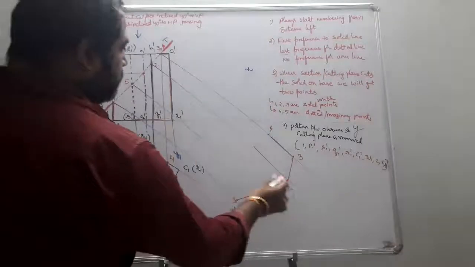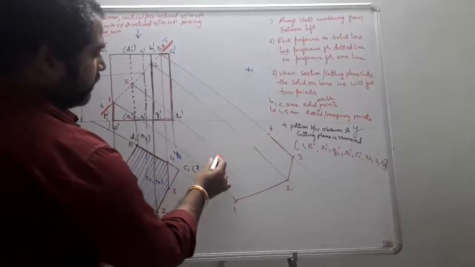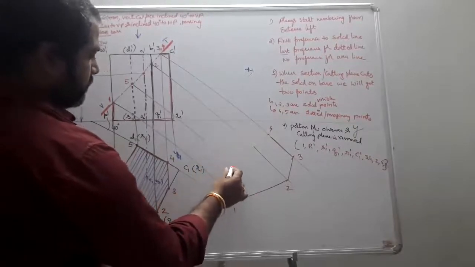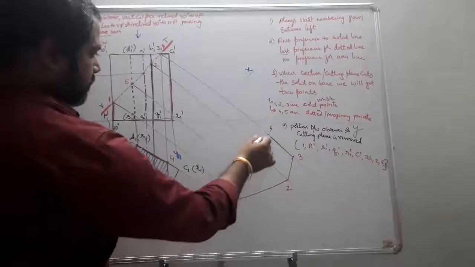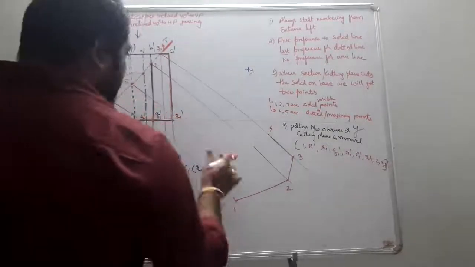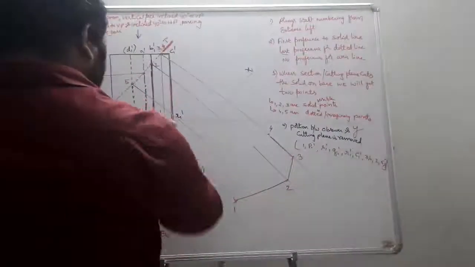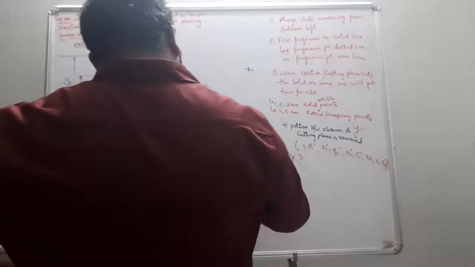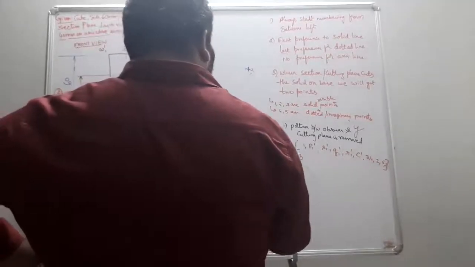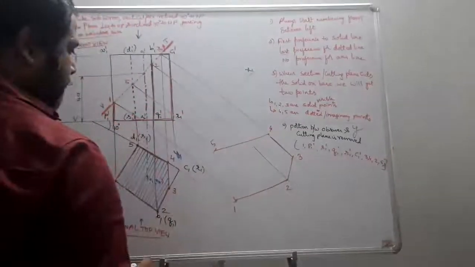This was 2, 3, 4, and 5 is to be obtained somewhere here. So the shape is going to be obtained as a similar shape. You take your 5 projector and take this distance, which is going to be 5 here. No problem, you just do it.